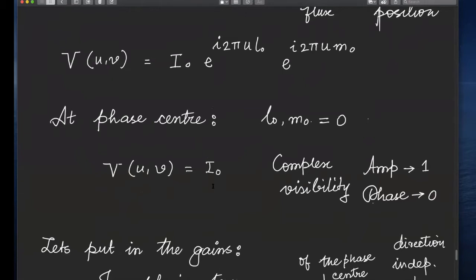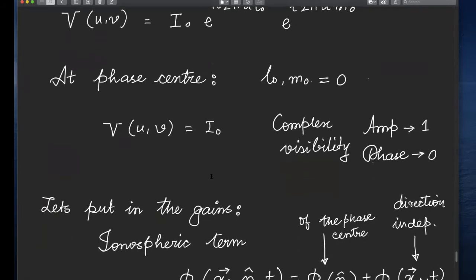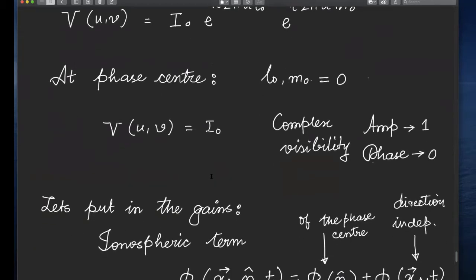The visibility, which is supposed to be complex, in this very special case is not complex. Its phase is 0 for all baselines, and its amplitude is not 1 but I0 for all baselines, right? And this you have seen many times while Varanasi and Preetha have been showing you the visibilities for the point source at the phase center, which we used as the calibrators, right?